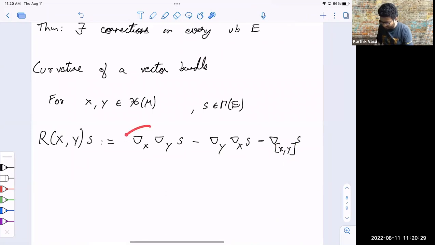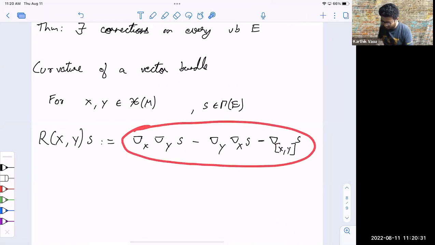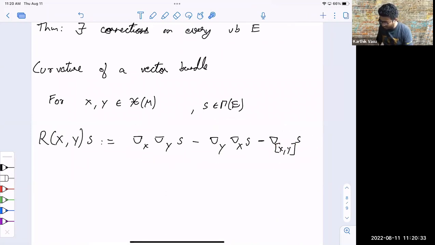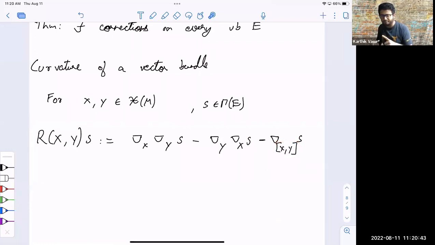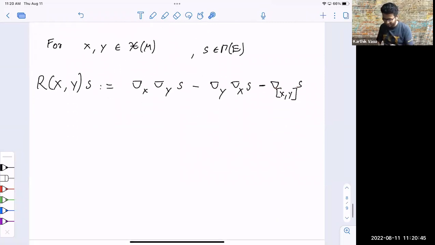So basically what this is measuring is how far it is from zero; this is like a commutator and this is also a commutator. If this is not zero, you're saying how far it is from being zero. You differentiated flowing in one direction and then in the other, and you did the other direction, then like this. Maybe I'll draw a picture.